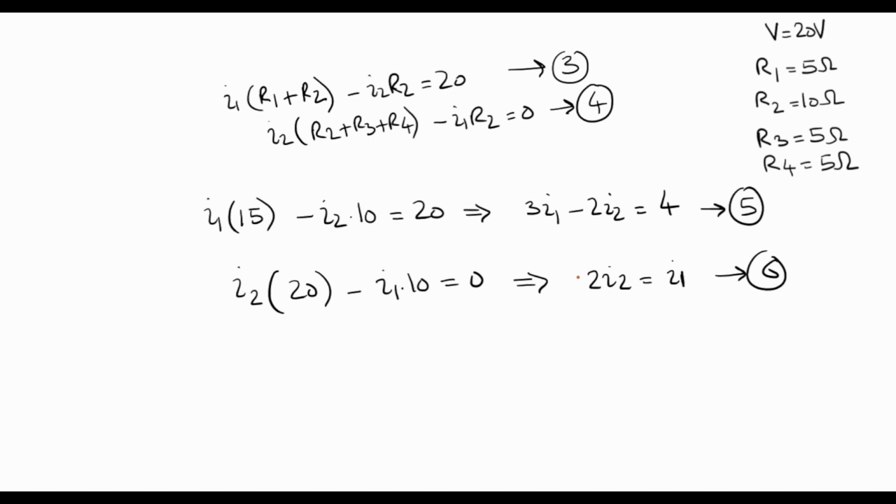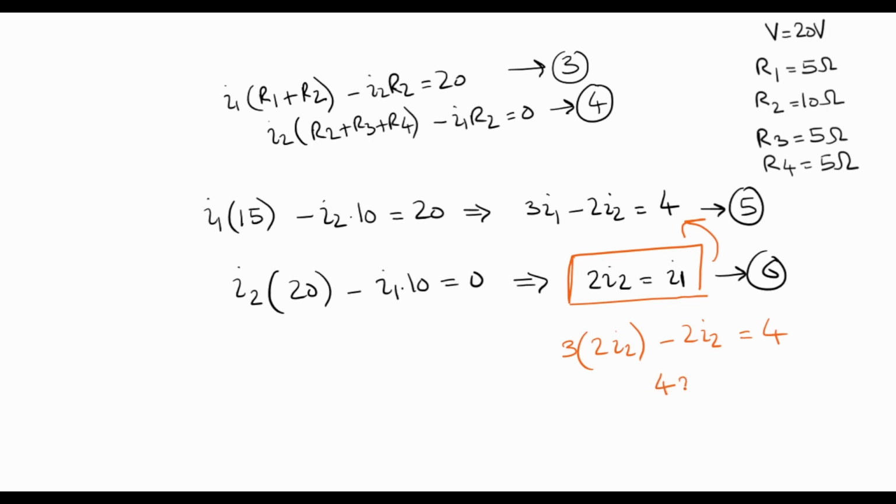So in the method of elimination, we write one variable in terms of the other. So I1 here is expressed in terms of I2. So we plug this value of I1 in equation 5 and get the value of I2. So this would be 3 times 2 times I2 minus 2I2 equals 4.